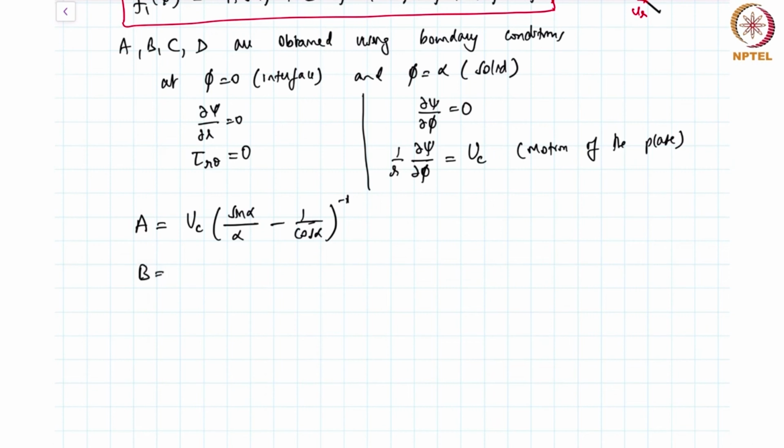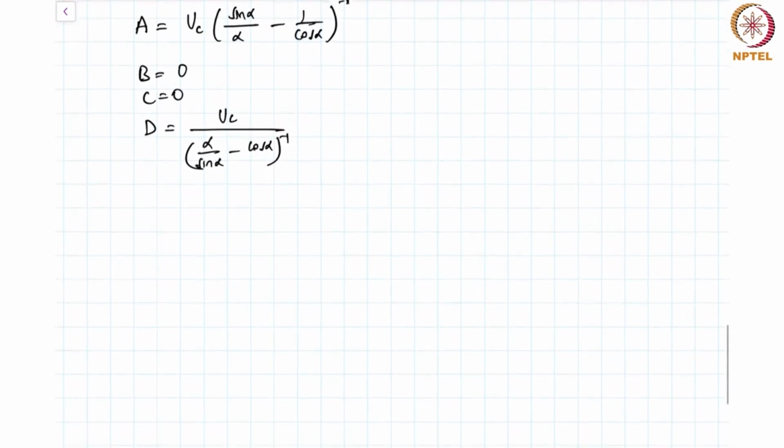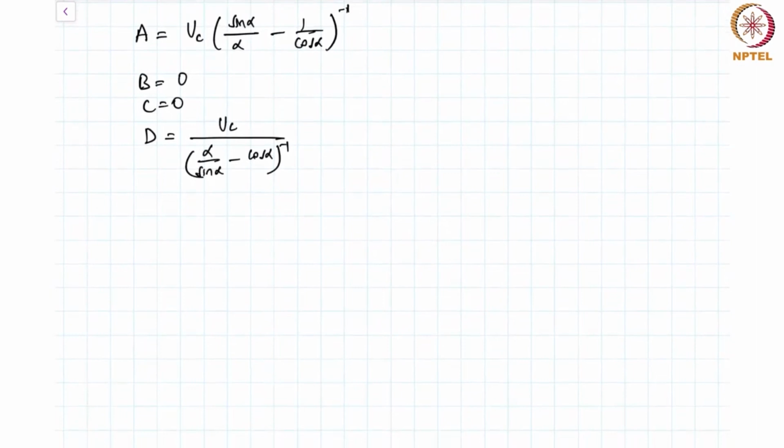B will be 0, C will be 0, and D essentially becomes U_C by something similar to this, but slightly different. As far as this particular lecture is concerned, I'd expect you to check the accuracy of the exact values, but I want to focus on the physics of the problem.